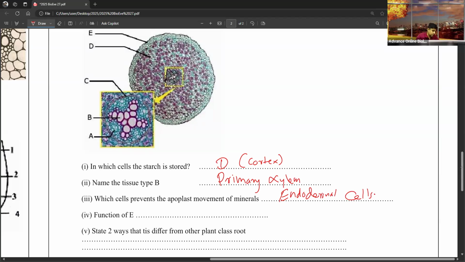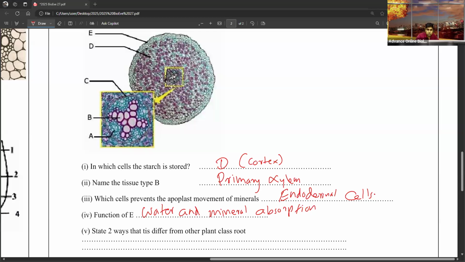Then the function of E. What is E? Epidermis. What is that, people? Water and mineral absorption.